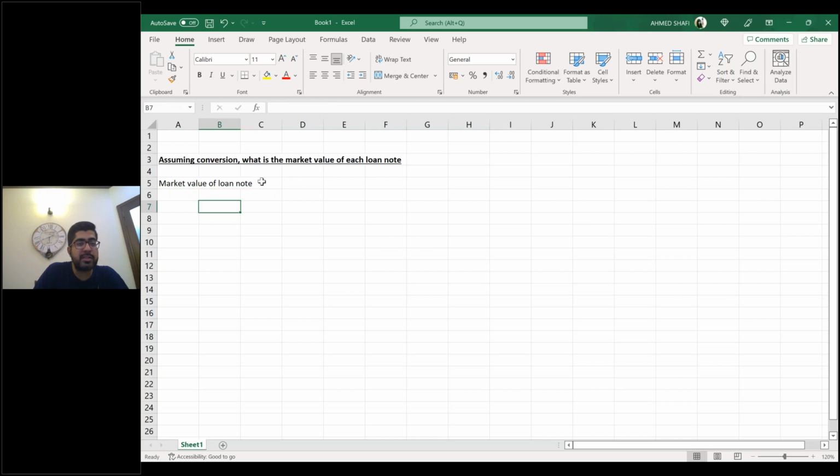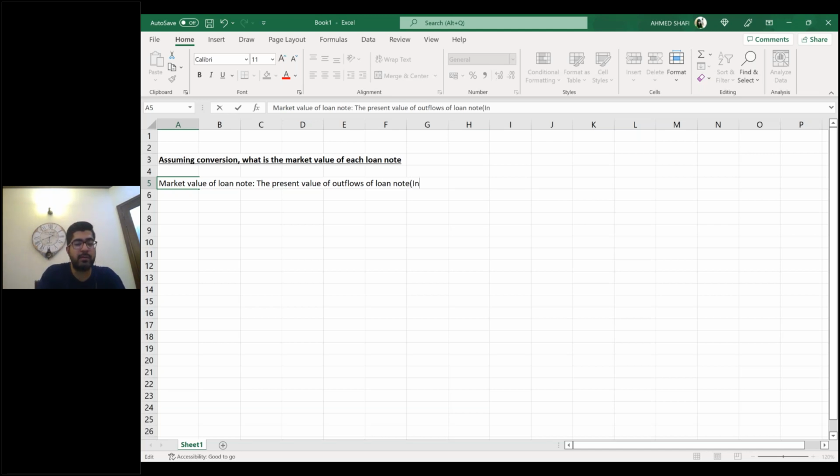Market value of loan note is defined as the present value of outflows of loan note.